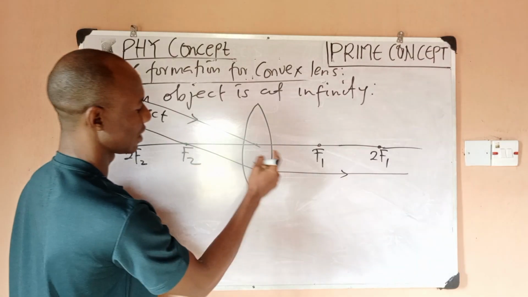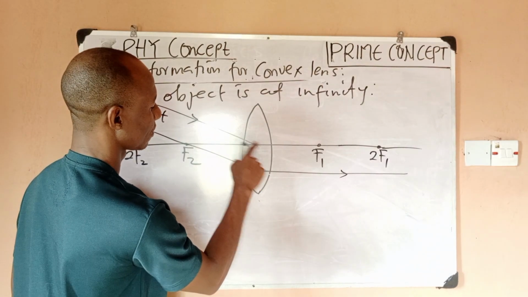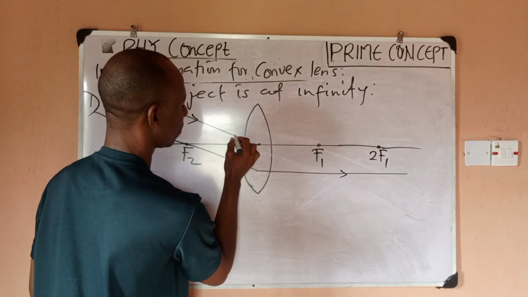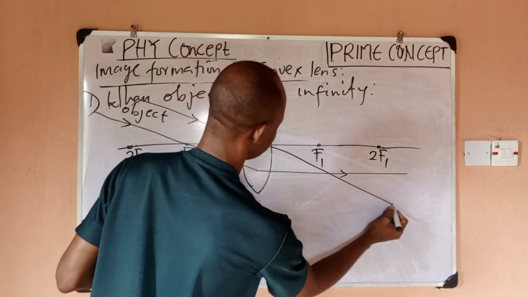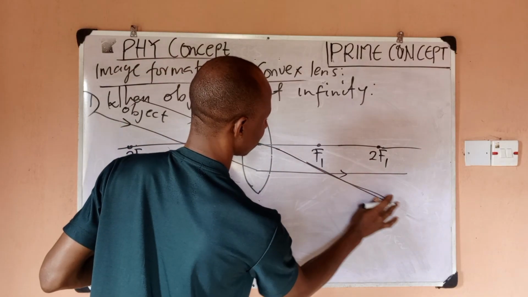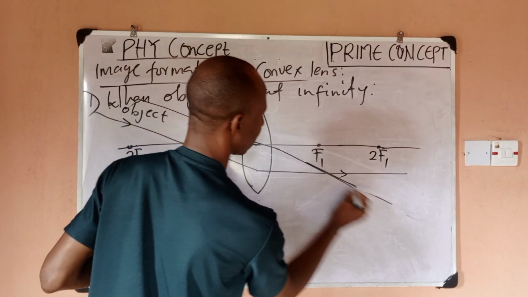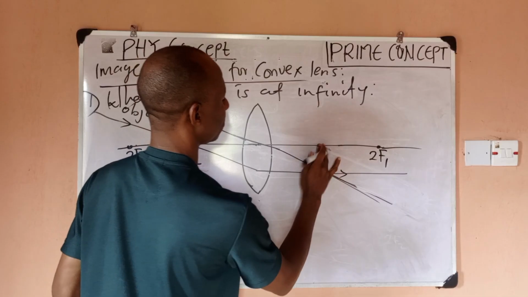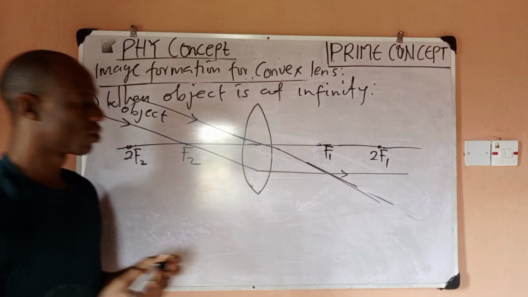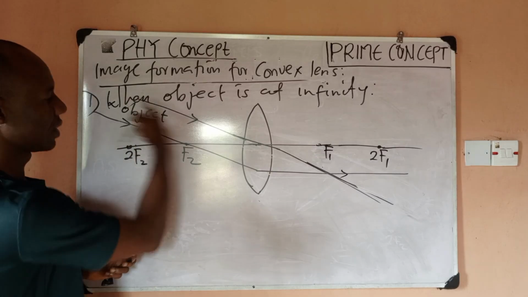Now when this hits, according to the rule, what will happen? It will go straight undeviated, because my line is not drawn to scale, so pardon me. It will go straight undeviated, right? Yes. So let me make it proper. So it will go straight undeviated. So this is the rule.